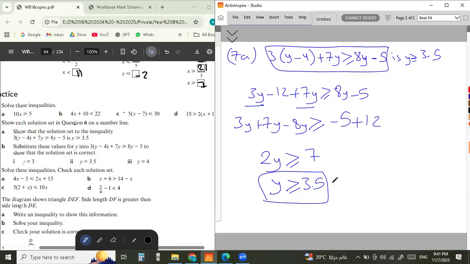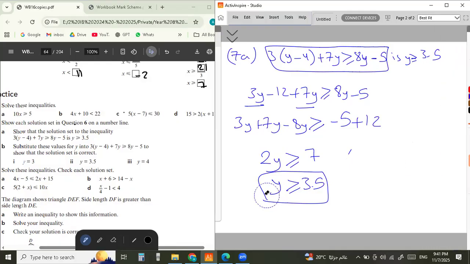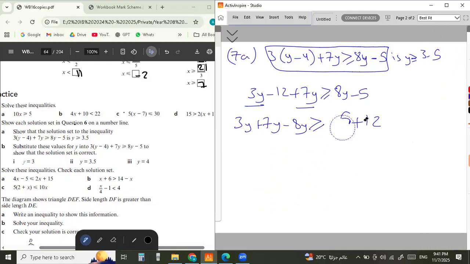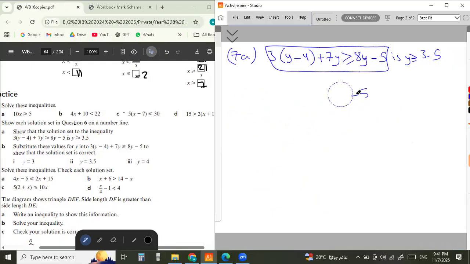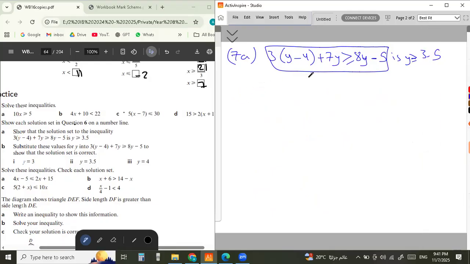They wanted to show, to substitute this, let's do it. We found also that the answer y is greater than or equal to 3.5. So they want you to substitute y with 3.